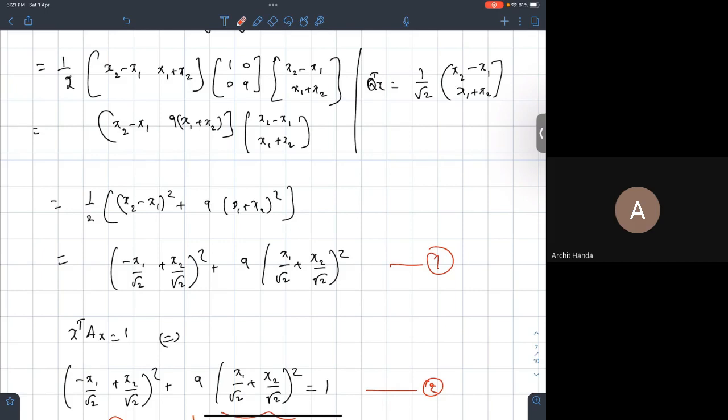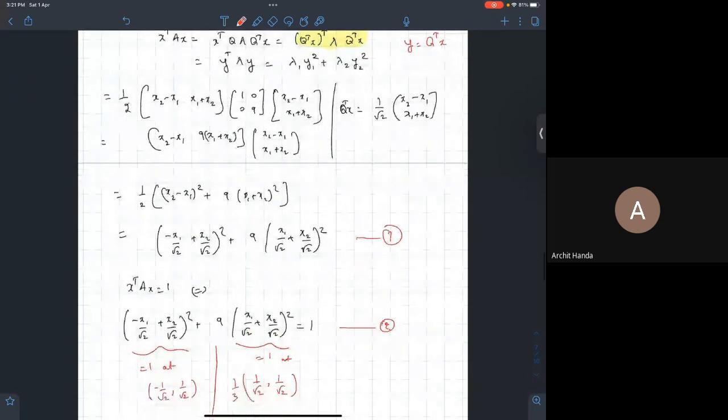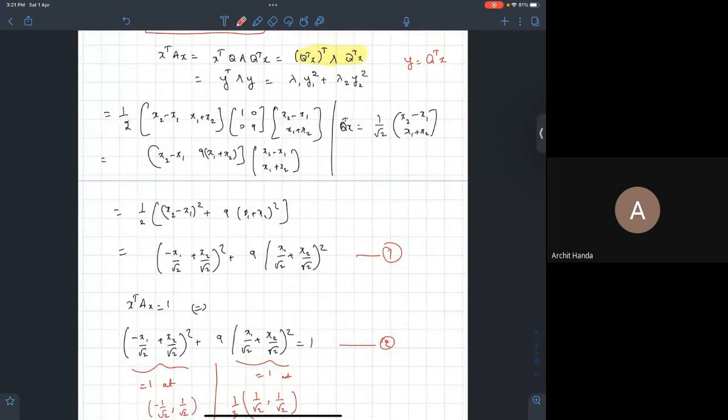Just one more step. If how we got to equation 2 is clear, then we are nearly done. We just have to figure out the axes of this ellipse and we are done. Any questions about this business up to equation 2?